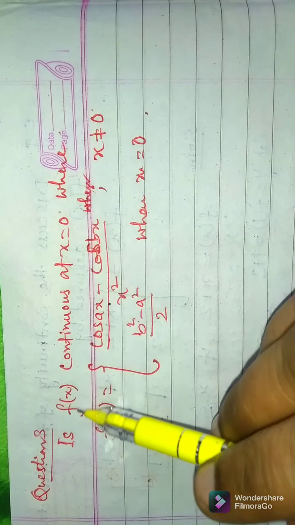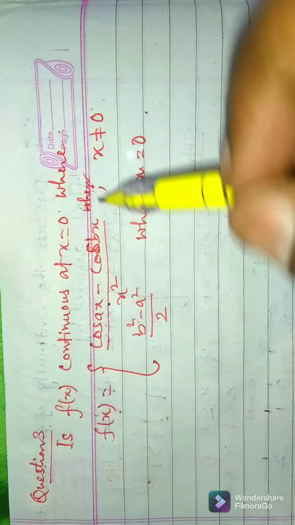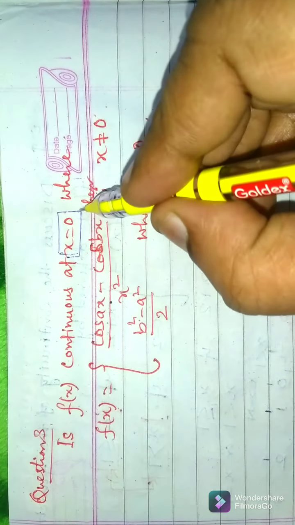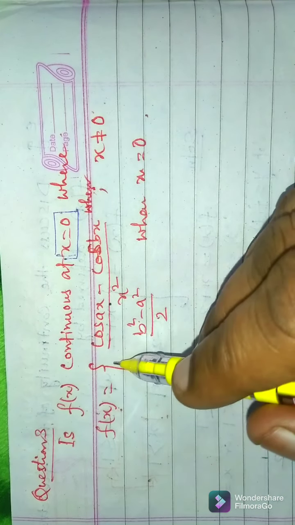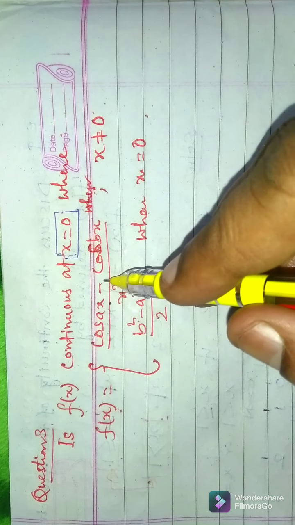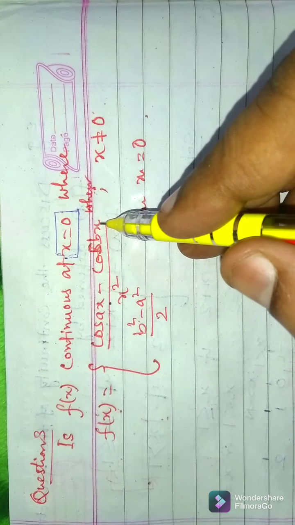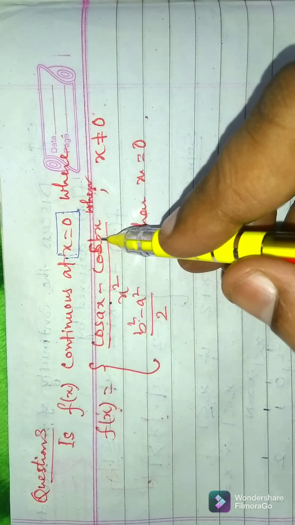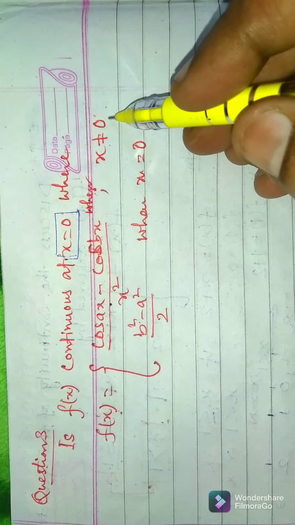Is the function f(x) continuous at the point x equal to 0? So this is x equal to a, where f(x) is equal to (cos ax minus cos bx) upon x square, where a and b are constants, and x is not equal to 0.